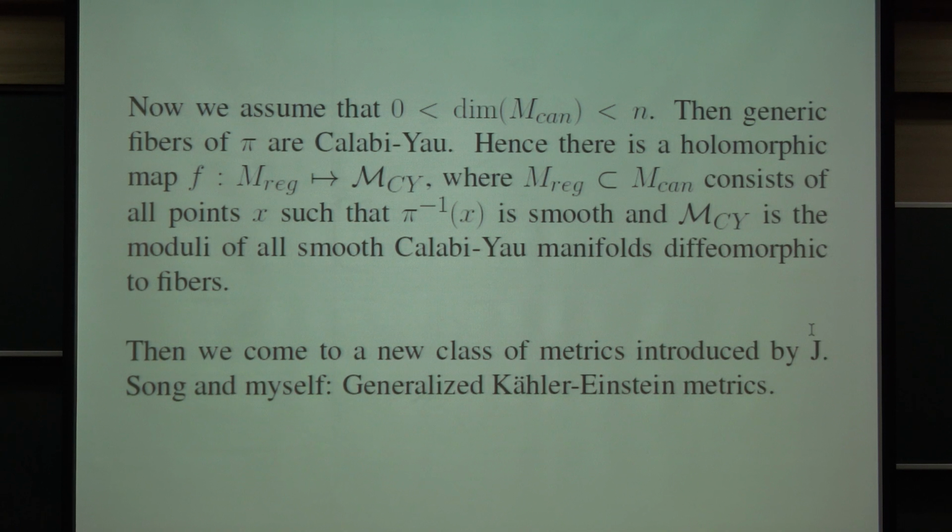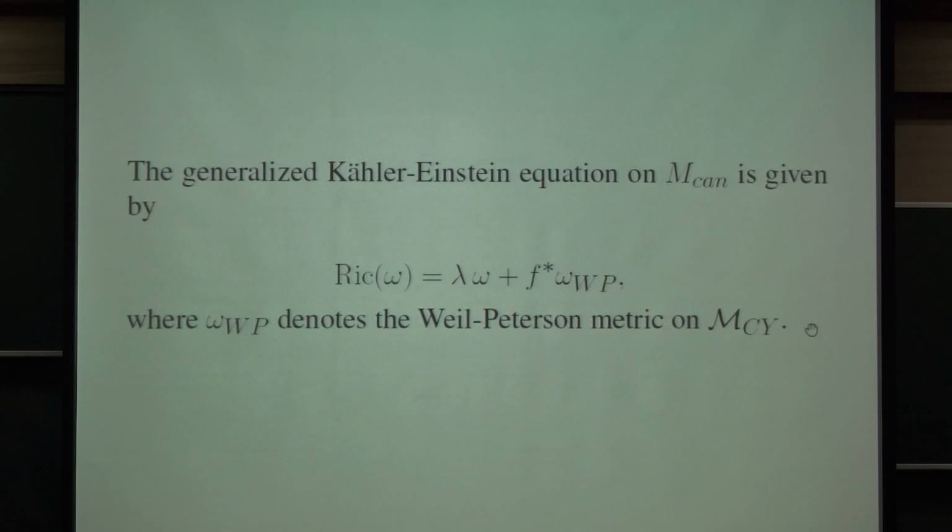Then we come to a new class of metrics introduced by Johnson and myself more than 11 years ago. This is called the generalized Kähler-Einstein metric, and is given by this equation. If you forget about this term, that's just the Einstein equation. But now we need to twist it by a Weil-Petersson metric, by the change of fibers.